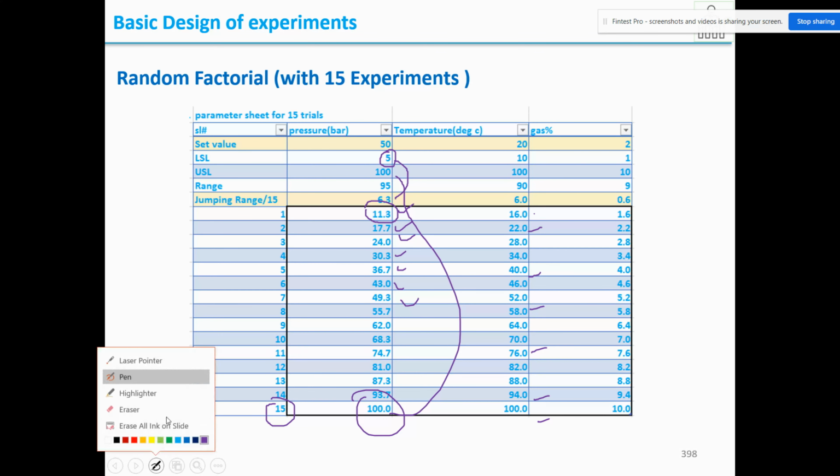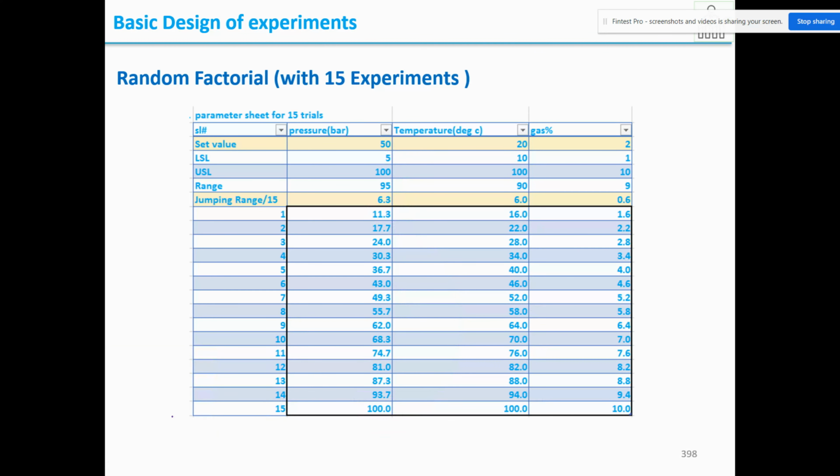Now the beauty of random factorial is that you have covered the entire range of each parameter. Now you know that when you increase the pressure, there is a change in the output. When you increase the temperature, there is a change in the output. When you increase the gas percentage, there is a change in the output. All those experiments you covered with only 15.